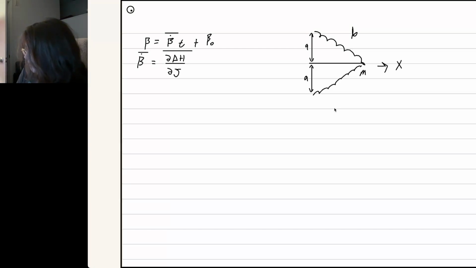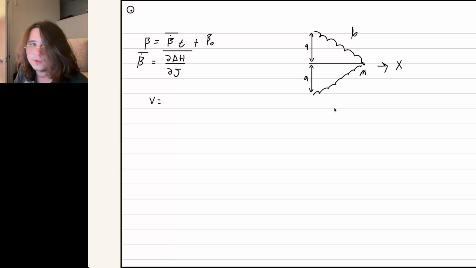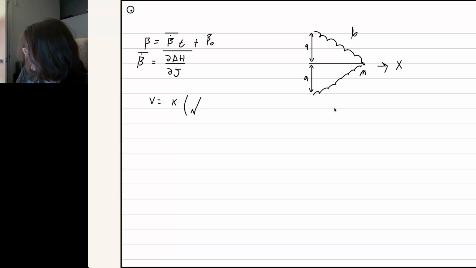The potential for this is going to be 2 times a Hooke's law spring potential. So we're going to have just k up front, and then we have to have the length of the spring at a given time, which from the geometry of the problem is going to be square root of a squared plus x squared, minus the equilibrium length b, squared.